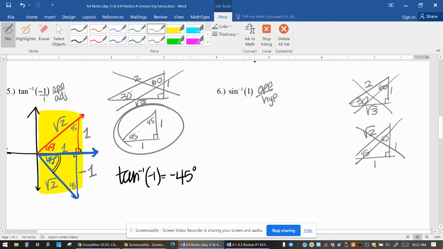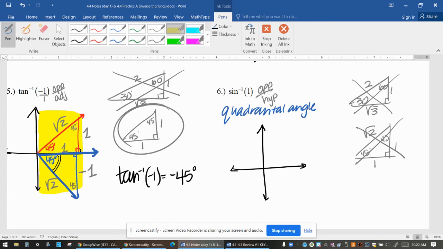So that means that it is a quadrantal angle, meaning it lands exactly on the x or the y-axis. So for sine, you're restricted to quadrants 1 and 4. So you're going to look at the quadrantal angles that land in that area.